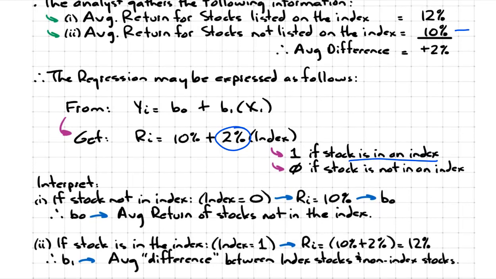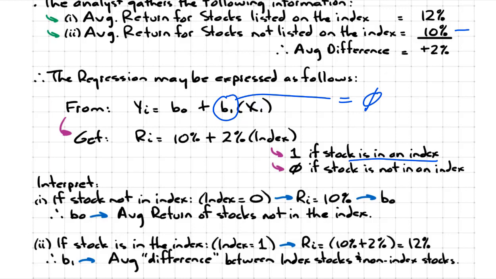So what the author is saying is the following. It's saying, look, I get it. You got these values from the sample, and it seems as if a stock is listed on the index, you'll make an extra 2%. But what if your sample was wrong? So after factoring in that margin of error, is it possible that this beta 1 term is equal to 0? Well, what does that mean?